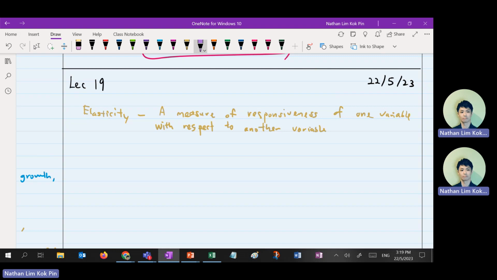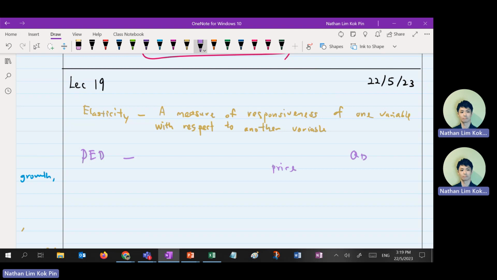Very simple. For PED definition, I just need to change this word. For PED, which stands for price elasticity of demand, I will just copy all my measure of responsiveness of quantity demanded with respect to price, something like that. Okay?